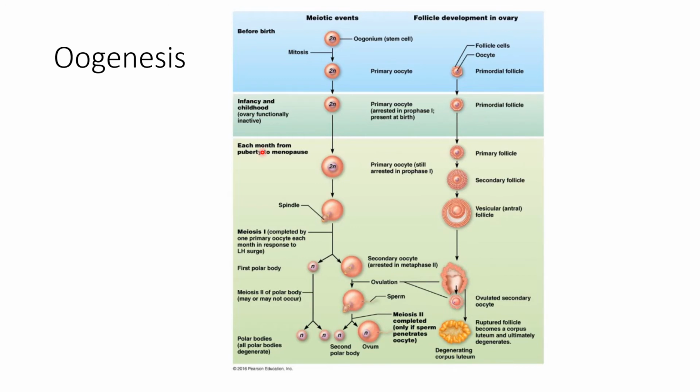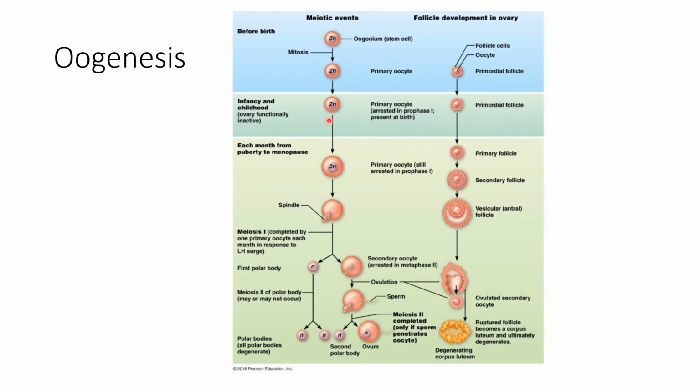So one of those rescued follicles, when a female hits puberty, is actually going to be selected to become the dominant follicle and to actually start completing meiosis 1.